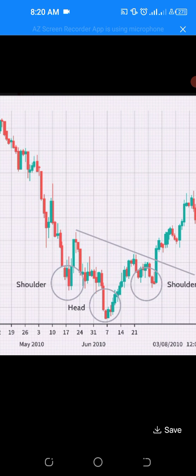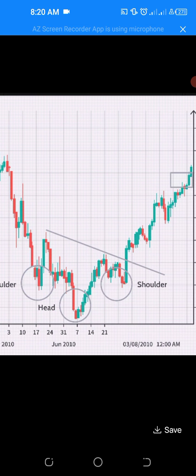Now on this chart, let me zoom it a little. You will see at the far left a circle there, which is written shoulder. Then at the center, you will see another circle represented with a head. They name it the head, while the other one at the far right is named a shoulder again.